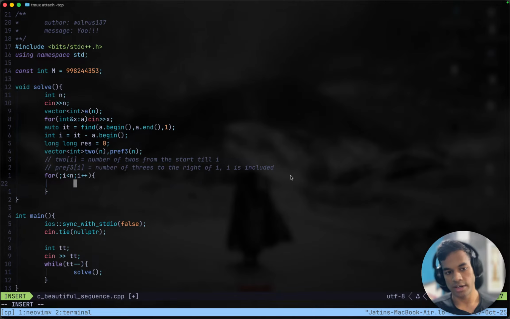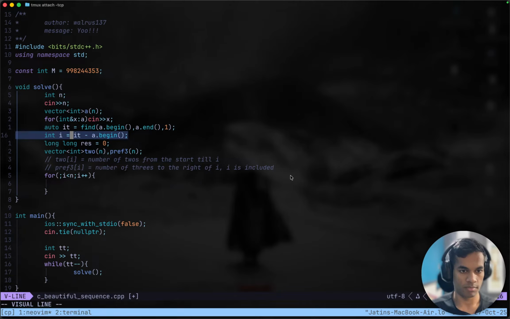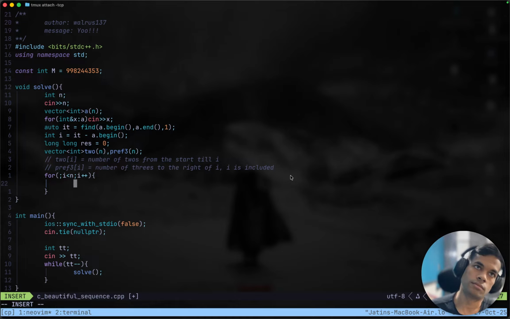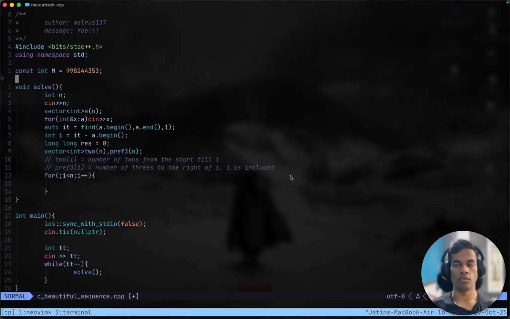So i is currently pointing to a 1 because of this. We will now fill our 2's vector. And also we need a function which calculates powers using this number as a modulo.